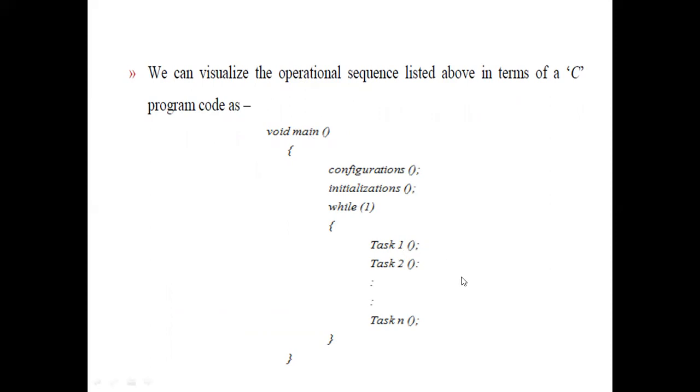Task 1 to task n are performed one after another, and when the last task, that is the nth task, is executed, the firmware execution is again redirected to task 1. It is repeated forever in the loop. This repetition is achieved by using an infinite loop. This approach is also referred to as the superloop based approach.